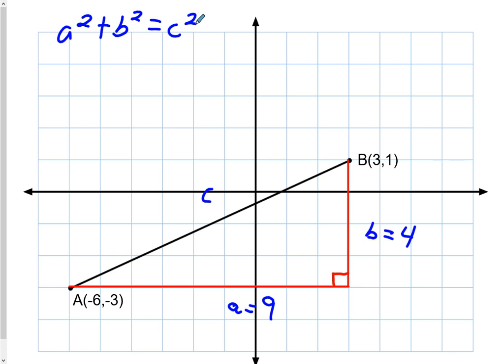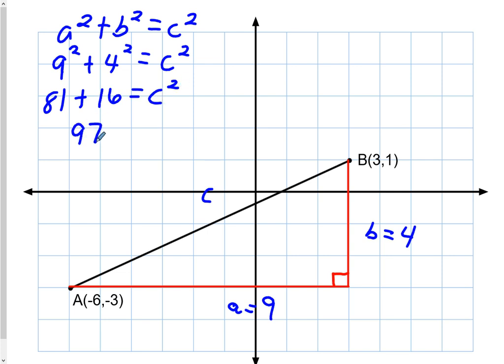So I'm going to plug in my A and my B. So I end up with 9 squared plus 4 squared equals C squared. 9 squared is 81. 4 squared is 16 equals C squared. And I end up with 97 is equal to C squared.